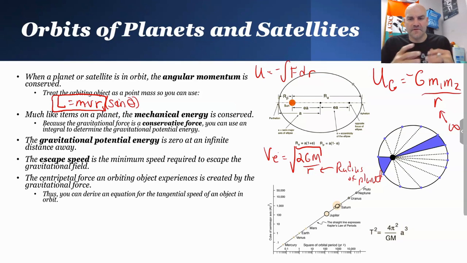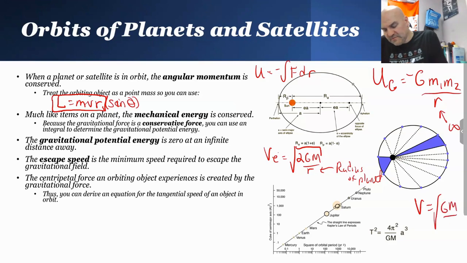It is a net force, and that is what creates the circular path. The tangential speed of an object in orbit is simply the square root of GM over r. In the last video, we got to a point where v squared equals GM over r, but we were actually looking for the mass of Mars and not the speed of the object. They actually gave that to us.